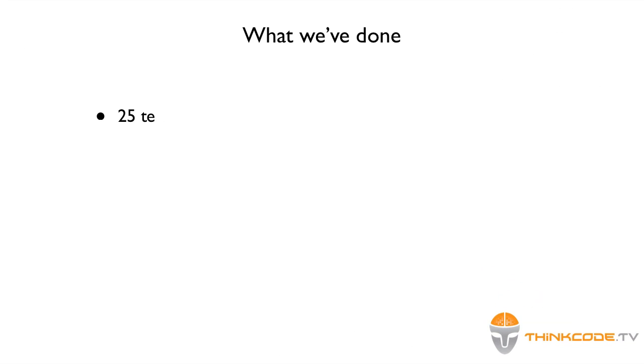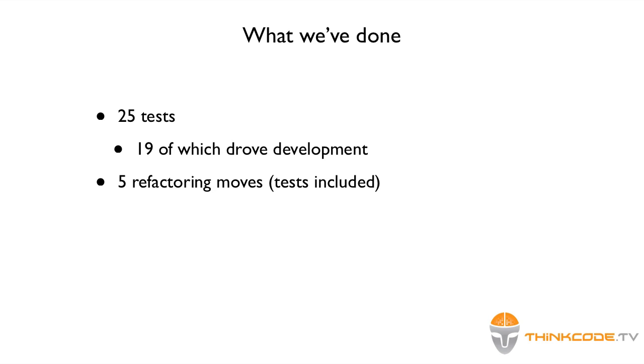Let's see what we've done. We've written 25 tests, 19 of which clearly guided the development of our application code. While developing, we've applied 5 refactoring operations, both to test and application code. It's worth noting that when you have to implement an algorithm like this, it's quite normal to perform several iterations of the microcycle with little refactoring, or focusing on special cases like those related to the keys in the map.